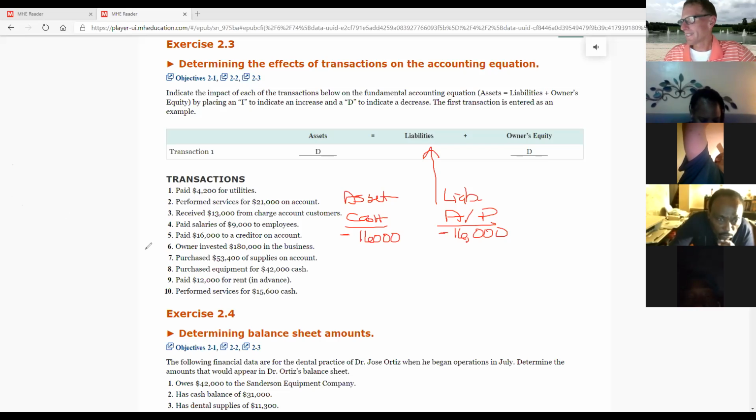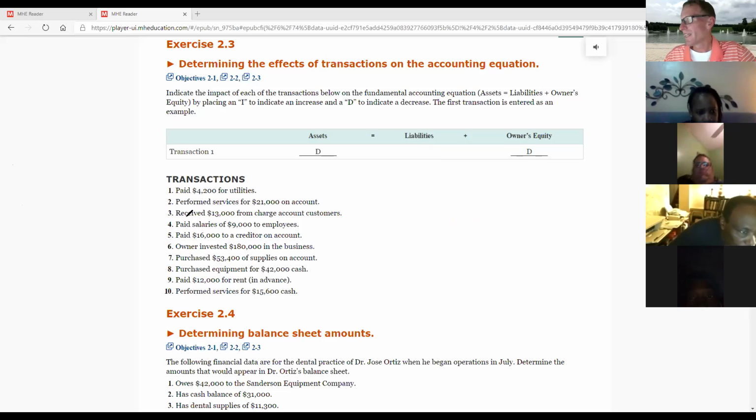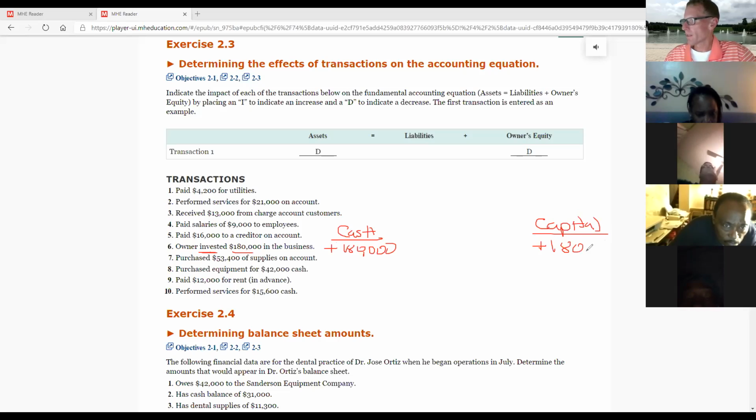All right. On number 6, it says invested 180,000 in the business. That's an investment. So you'd have cash plus 180, and then we're going to use the word capital. I don't use the owner now. I just use capital. Put plus 180.